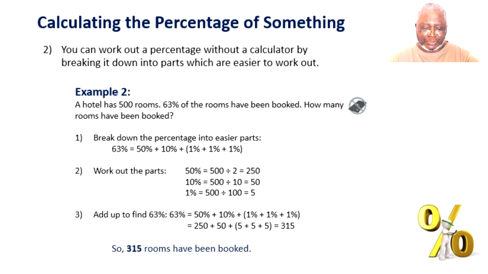And then 1% is equal to 500 divided by 100, which is 5. But don't forget that that 1% actually is one of 3. Convert them first of all, and then you add them up together. So you'll have 50%, 250, 10%, 50 plus 5 plus 5 plus 5, which is equal to 315. And that is our answer. So 315 rooms have been booked.